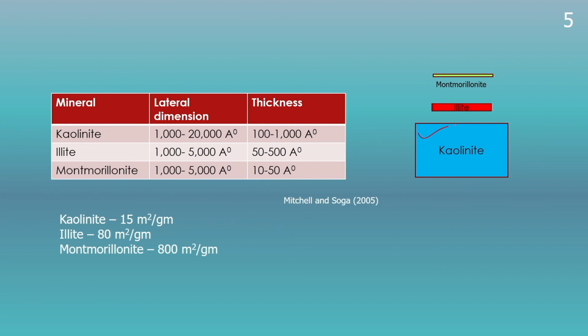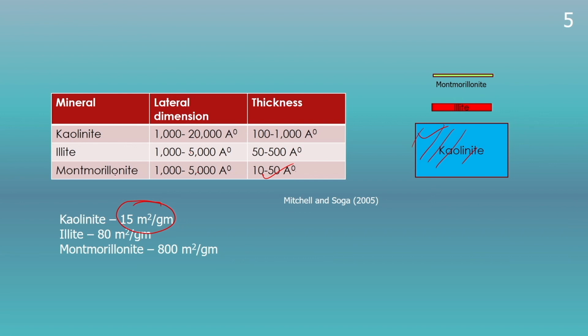If we compare these three minerals together, we can see their sizes. The kaolinite will have the largest size among these three. Here we can see the lateral dimension is quite large in comparison to illite and montmorillonite, and similarly the thickness is also 10 to 20 times larger than the montmorillonite. Due to this large size of kaolinite particles, the specific surface area of kaolinite is very less.